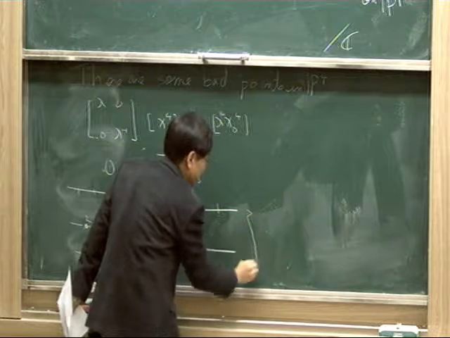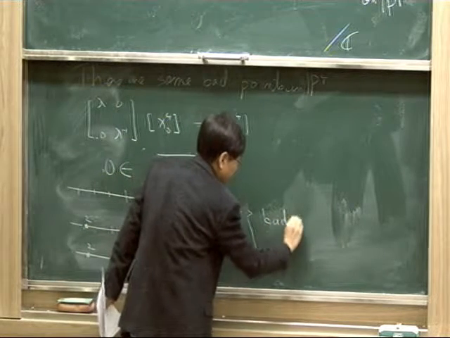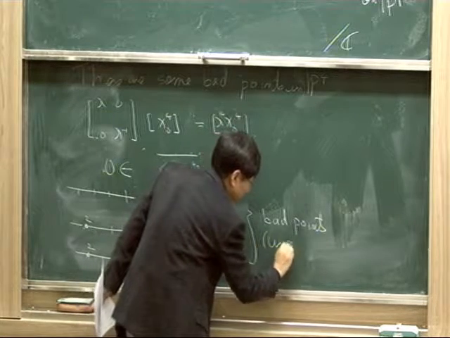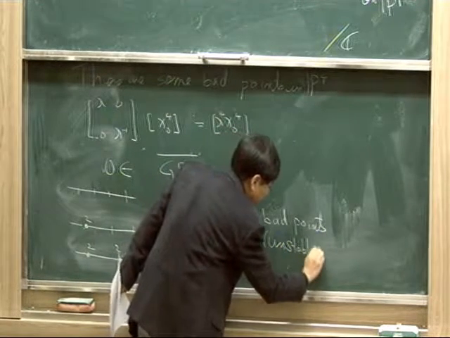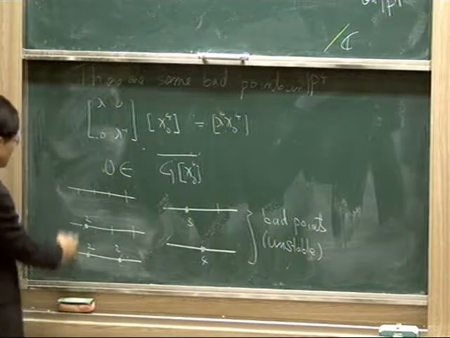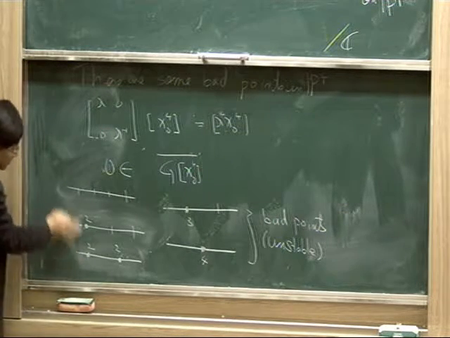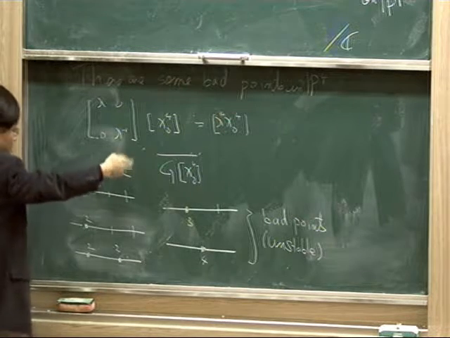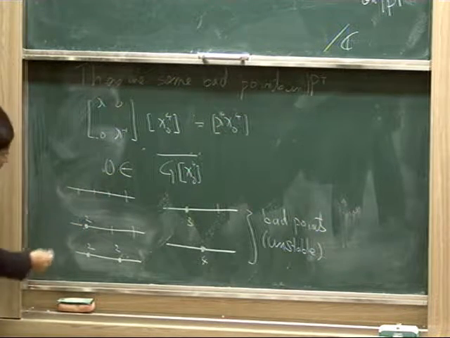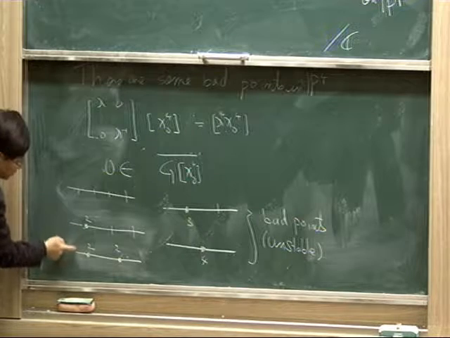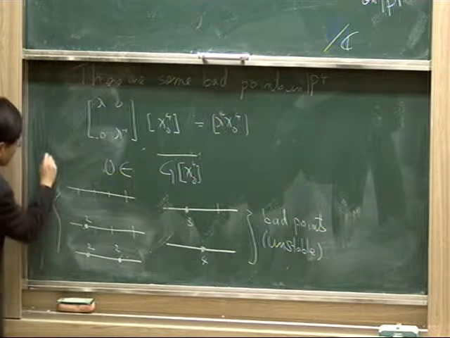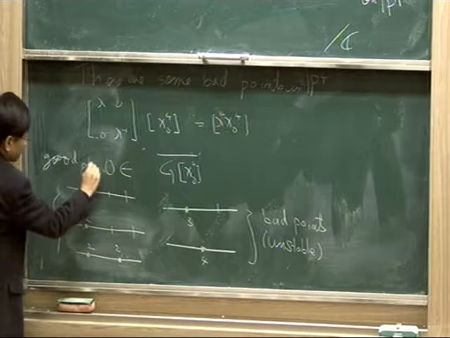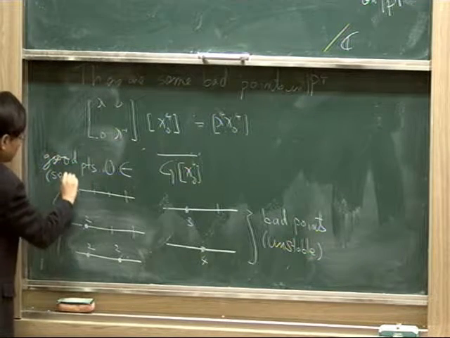So this is a bad point. This is called the unstable point. But here, this is a good point. You cannot make this kind of situation, so 0 is not in the closure. But for example, if you're looking at these 2 points, this is a good point anyway. So this is called the semi-stable point.